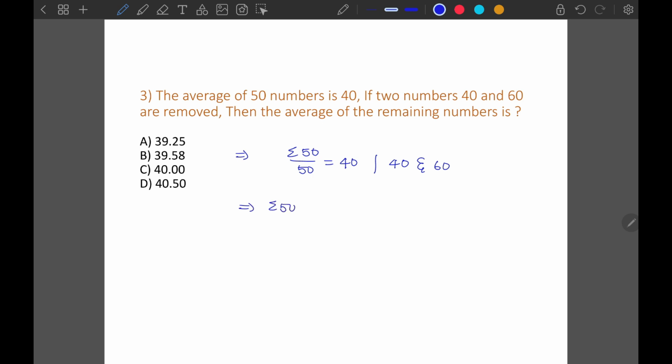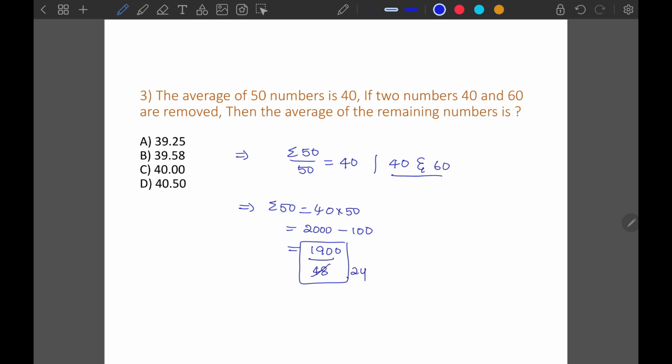That is, sum of 50 numbers equal to 40 into 50, that is 2000. Since two numbers were removed, the new sum is 1900, and we need to divide among 48. This will give the new mean.